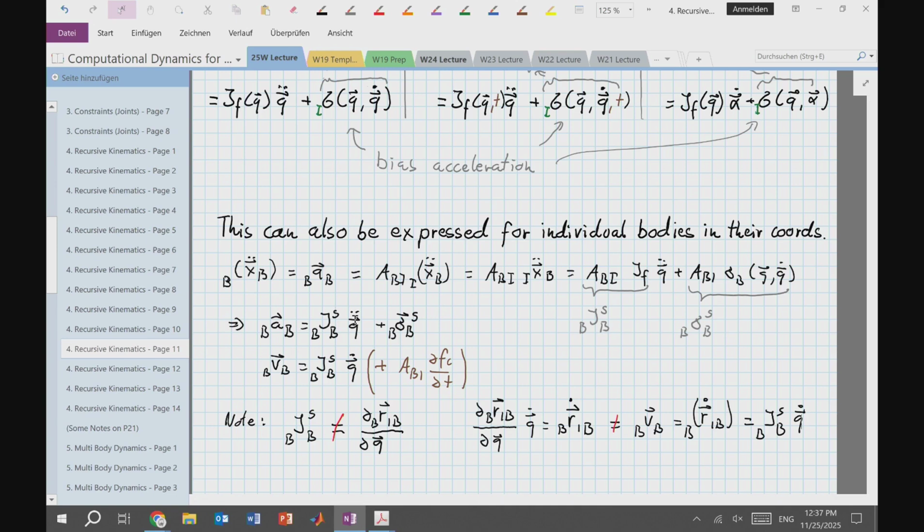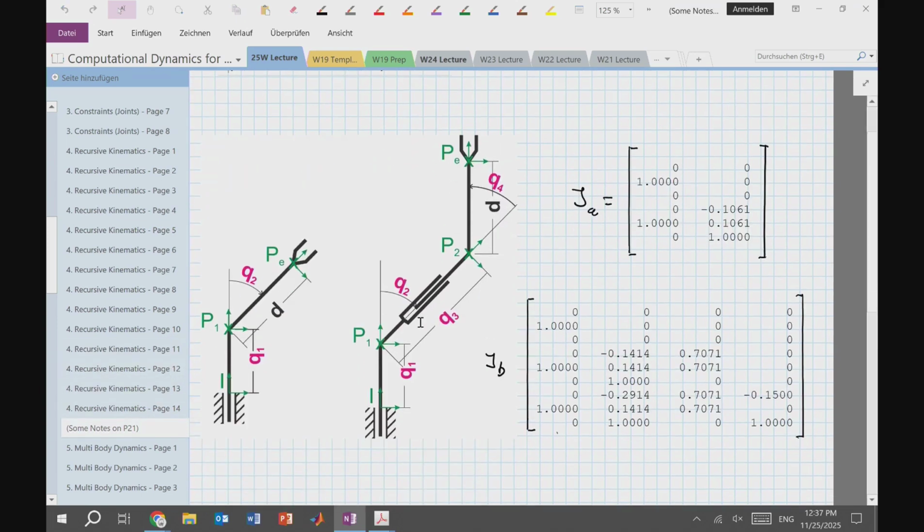What I want to do for the rest of this class is go back to talking about Jacobians. This is your problem 21 that was given as homework, and I just want to discuss what was going on. You have two simple robots, translation, rotation, joint, and then here's your end effector.